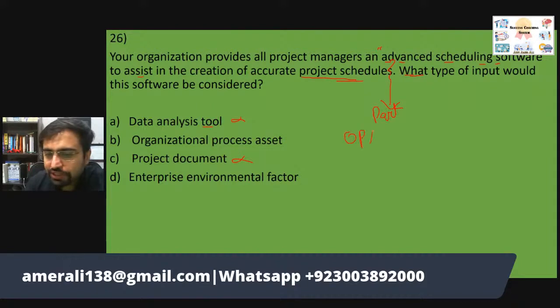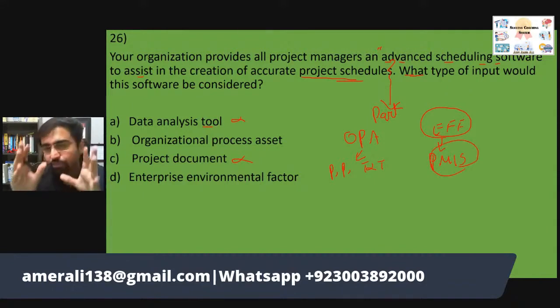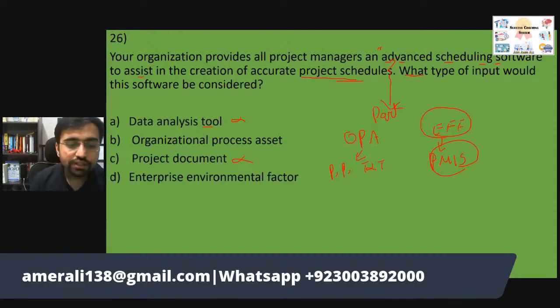We are left with OPA and EEF. We know OPAs are policies, procedures, tools and techniques, and all those things. Whereas EEFs, enterprise environmental factors, have in them databases and, most importantly, the project management information system, which consists of how all the communication will be done and which software will be used. So here, this will not be the answer. This will be the right answer.